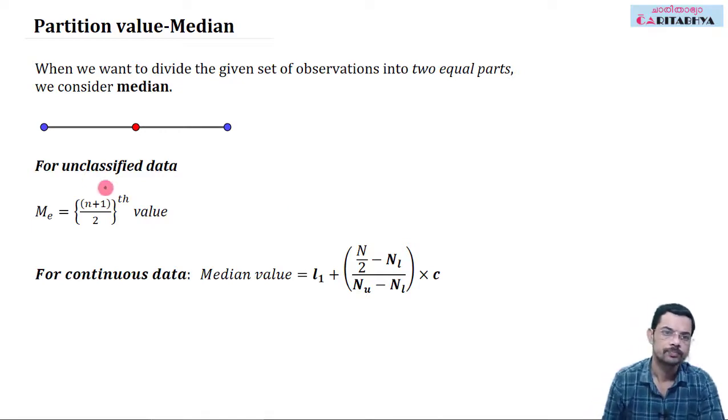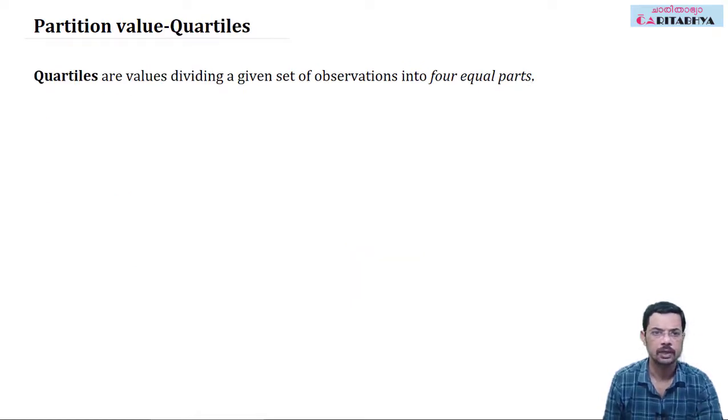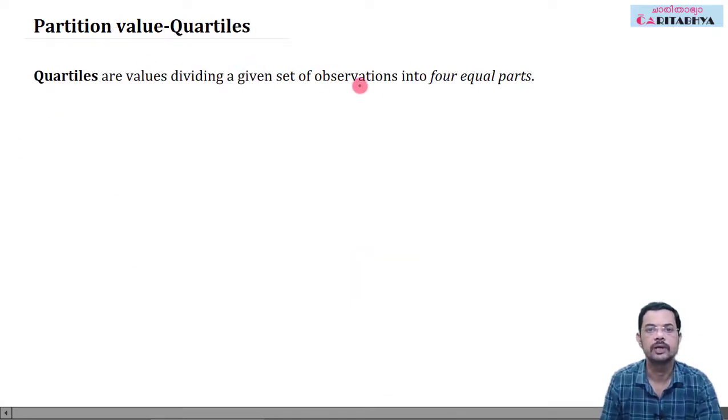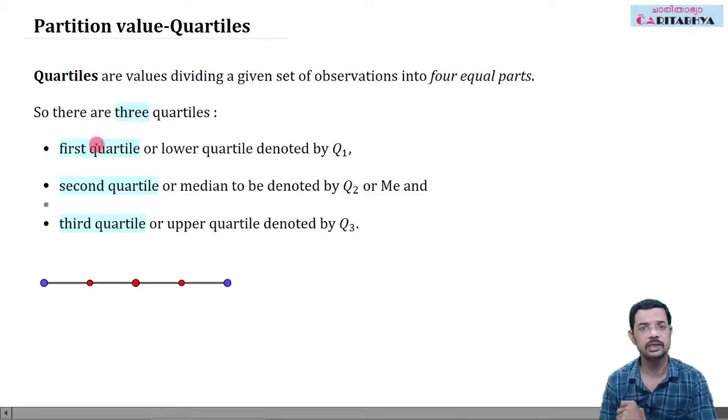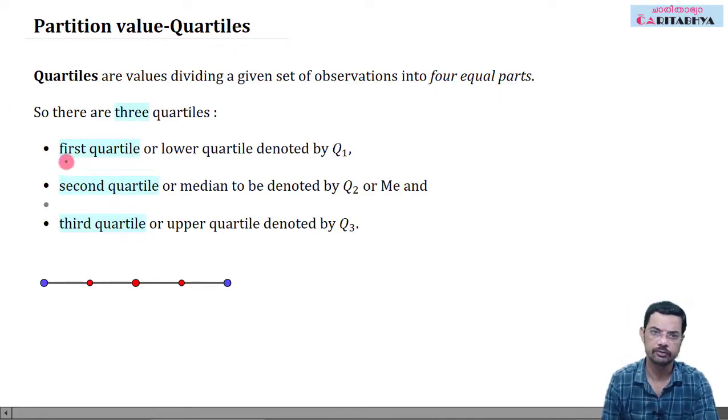We shall now move on to what are quartiles. Quartiles are used when we want to divide the whole set of data into 4 equal parts. There are 3 quartiles. The first quartile, or the lower quartile, is denoted by Q1.